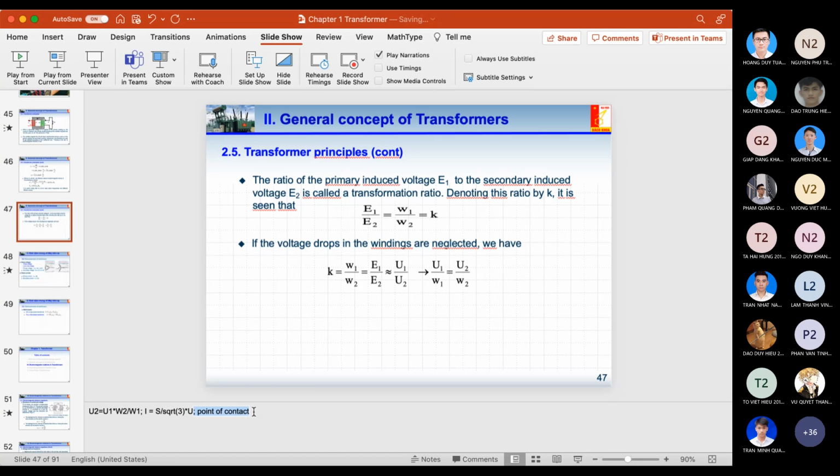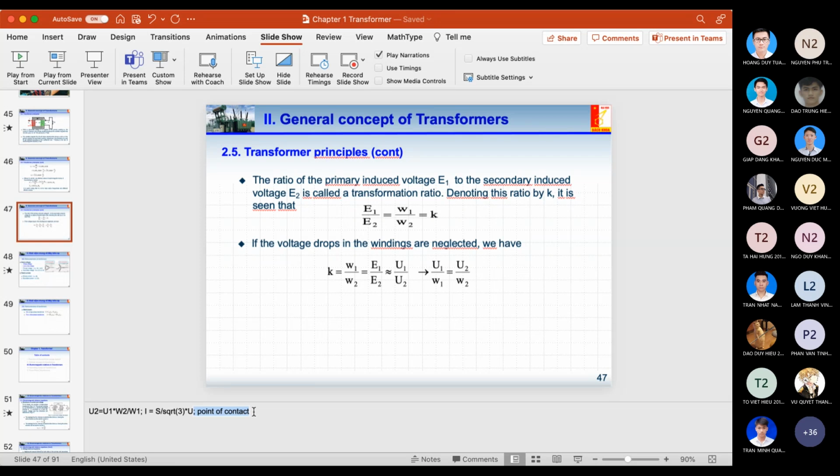Otherwise, it's not easy for designers and engineers to produce a point of contact, because for each voltage level we need a point of contact.